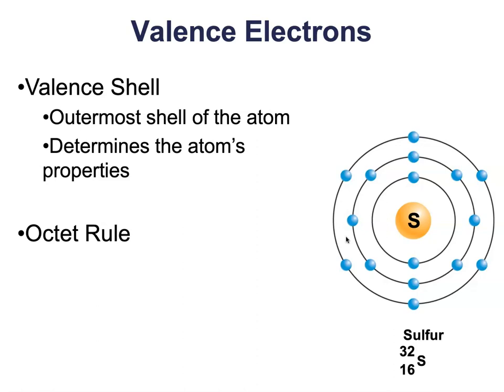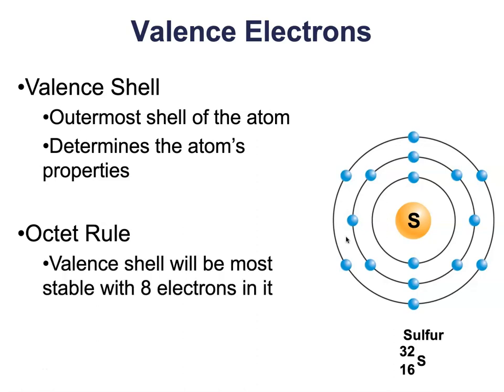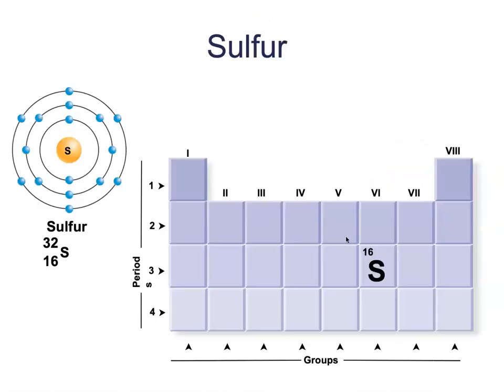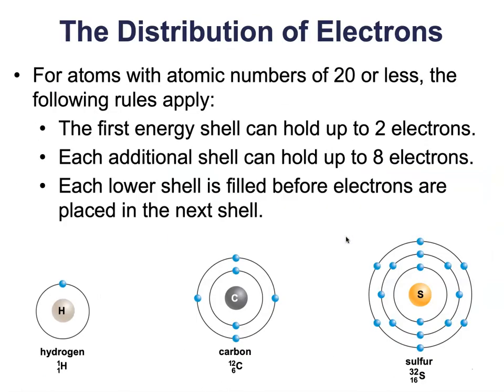And so we're going to mention just briefly what we have when we talk about valence electrons. We have what is known as the octet rule. The octet rule states that valence shells are going to be most stable when they are completely full. So let me say that again. The atom is going to be most stable when the valence shell is completely full. And if you remember, we said that the first energy shell can hold up to 2 electrons.